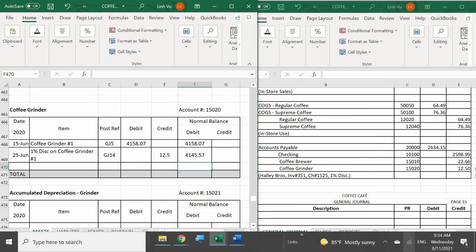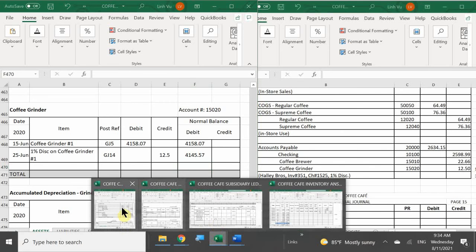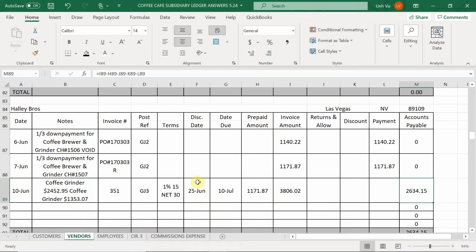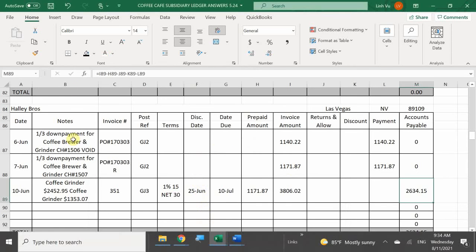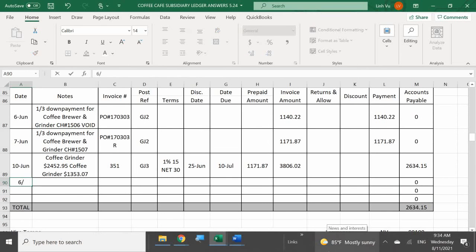Everybody good? I am, thank you. And then I think we need to go to our subledger. Yes, we do. To vendors and then Hallie Rose. Good. $625.